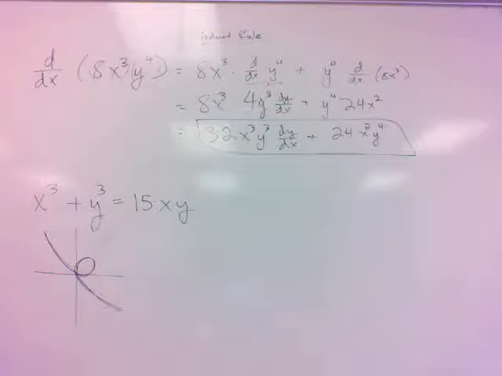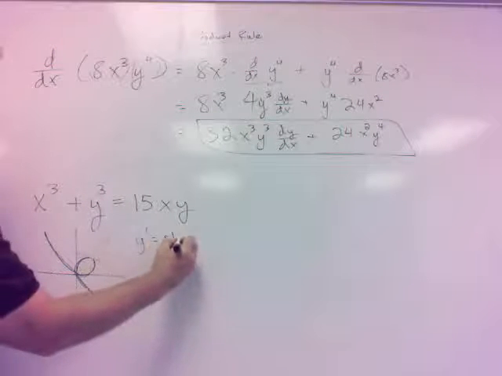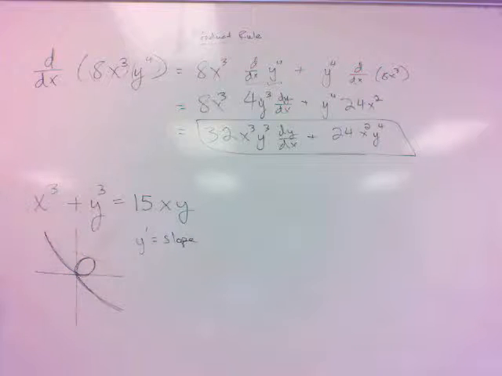But the point is, do we have tangent lines here? Can I draw a tangent line just about anywhere? Yeah. I've got horizontal ones, I've got angled ones, but I have tangent lines. Therefore, I have slopes of the tangent lines. And what are slopes of the tangent lines equivalent to? Well, in this setup, it's y prime, right? How am I going to find the derivative here?